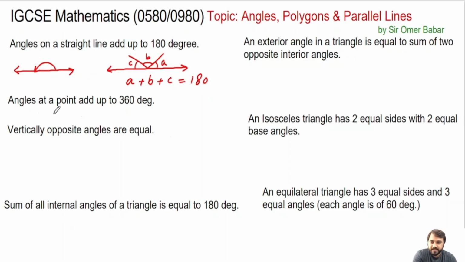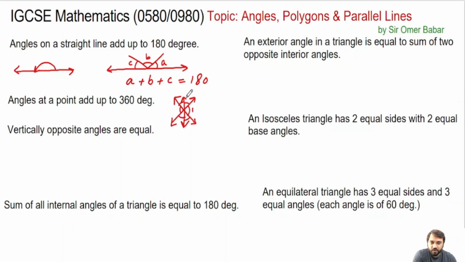The second point is angles at a point add up to 360 degrees. It means if you have lines like this, and this is an angle. Okay, one more line here. These are 6 angles.